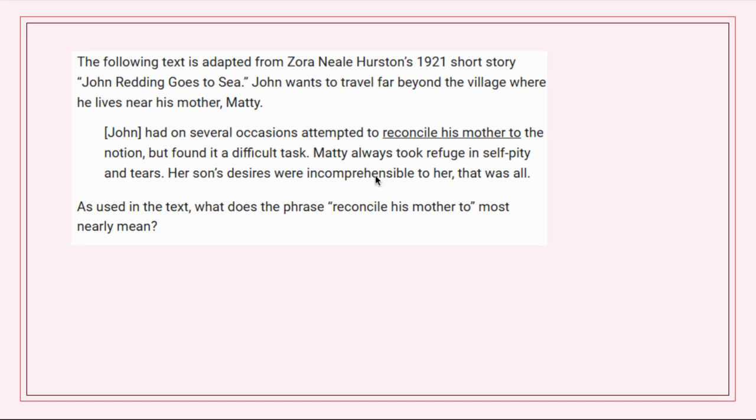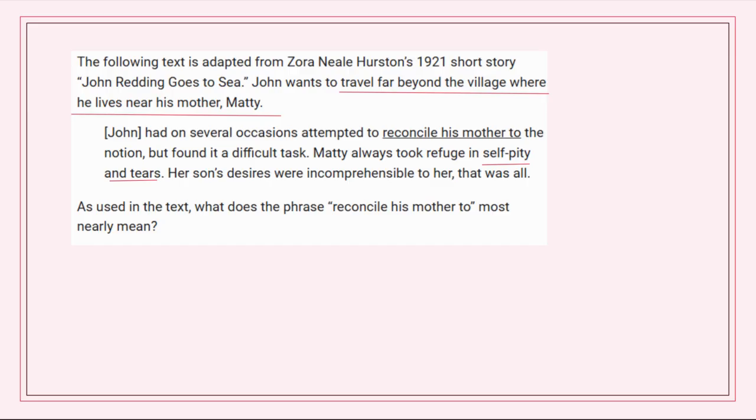And so since his mom doesn't get it, just disagrees with this idea, when it says that he had attempted to reconcile his mother to the notion of going away, that probably means he's trying to get his mother to agree, to let him travel far beyond that village.